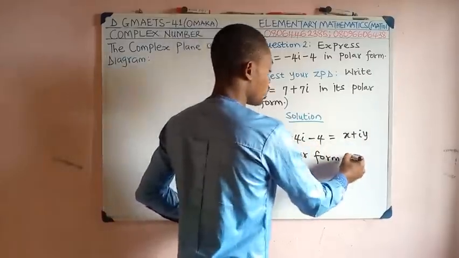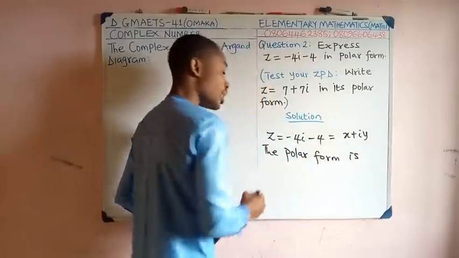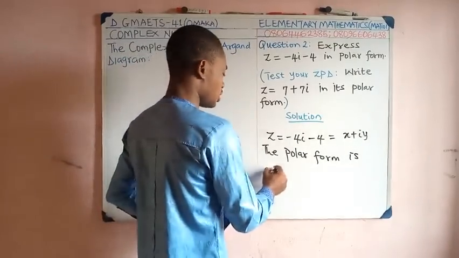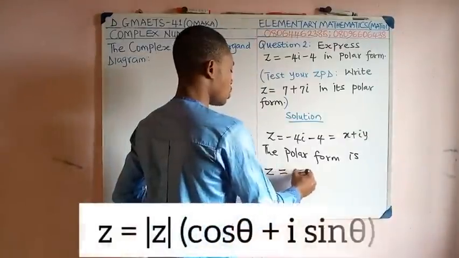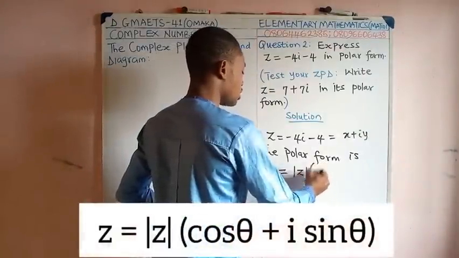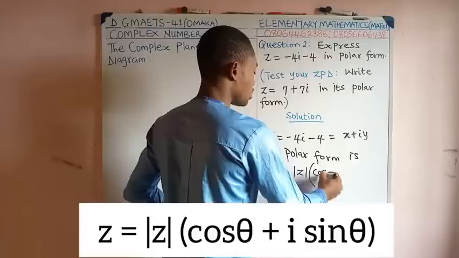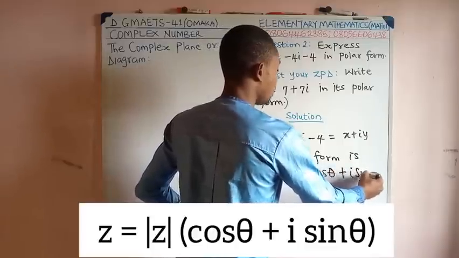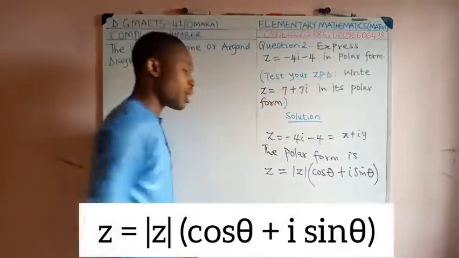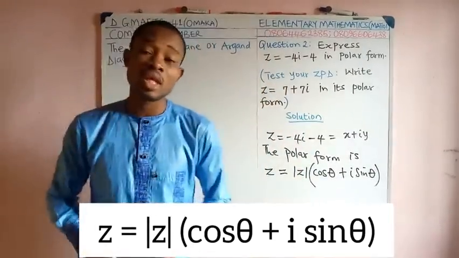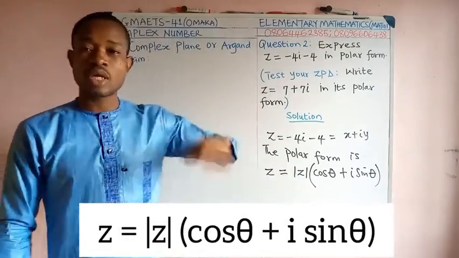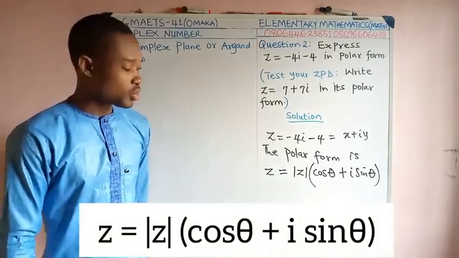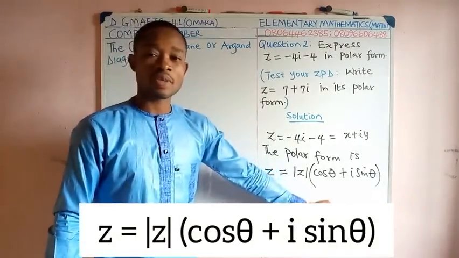So the polar form of a complex number gives us z equal to modulus of z, open bracket, cos theta, then plus i sine theta. So you're expected to memorize this. Actually, it is derived from considering trig identity for right angle triangles, sine and cos, right? So this is the polar form.